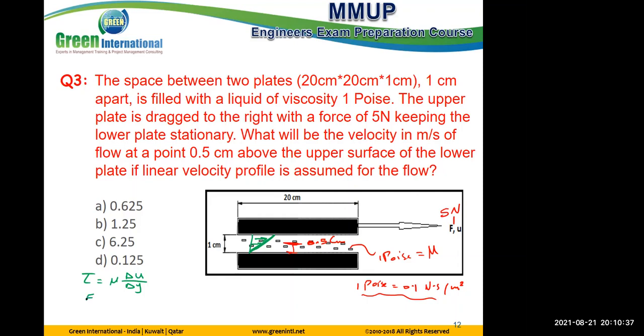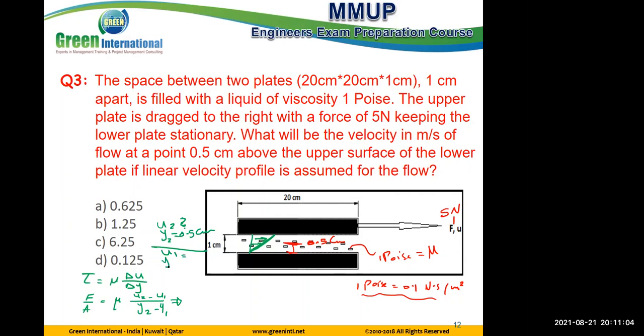So force by area equals mu times delta U by delta Y. What is delta U by delta Y? This is U2 minus U1 by Y2 minus Y1. U2 is required. Y2 is equal to 0.5 centimeter.